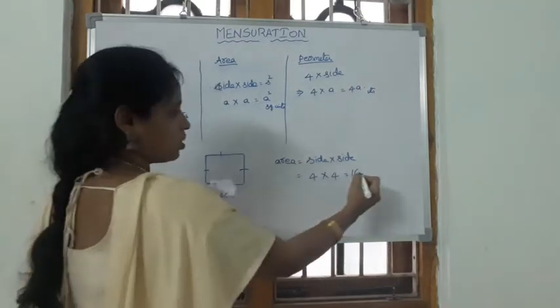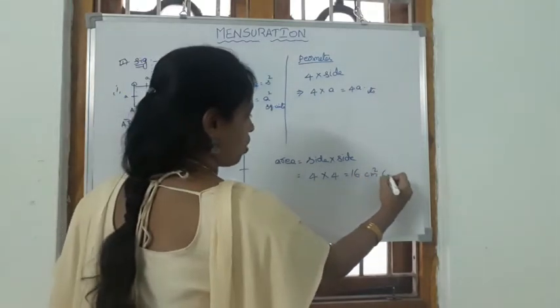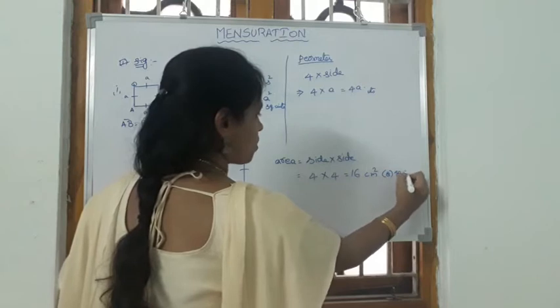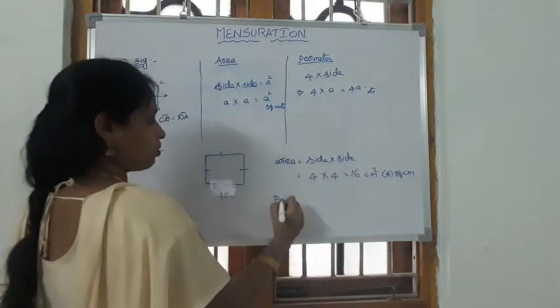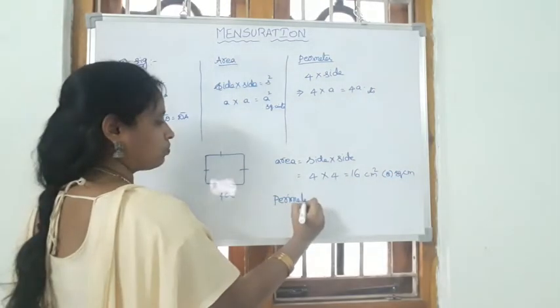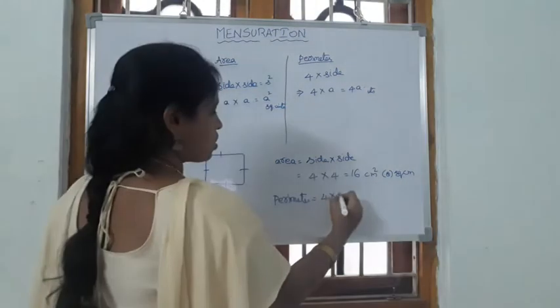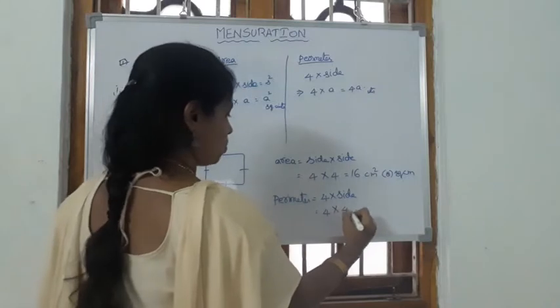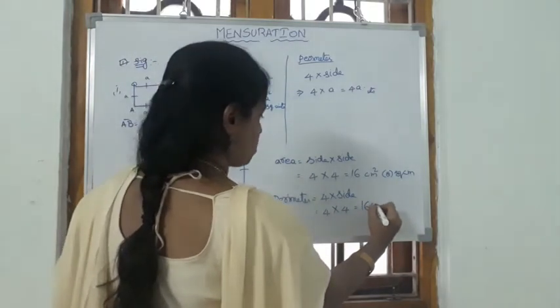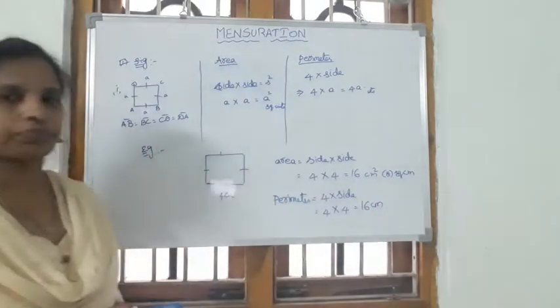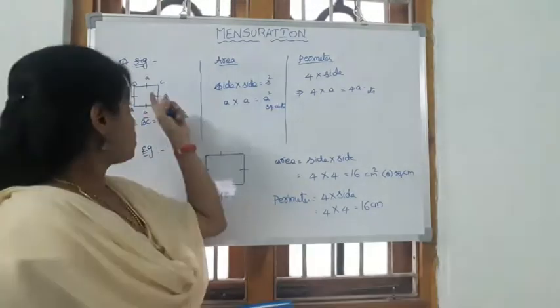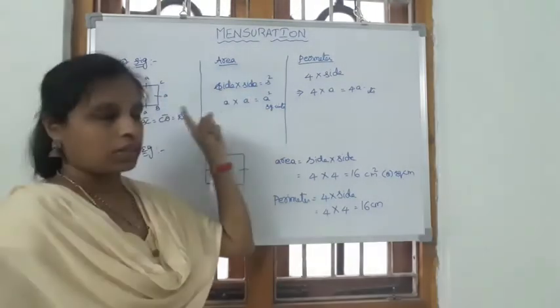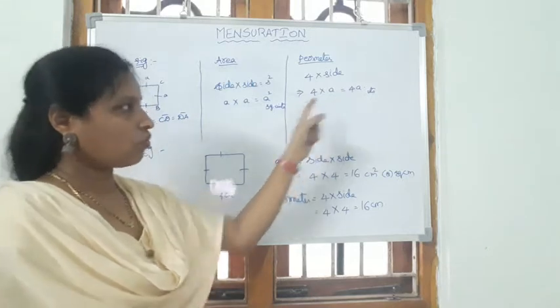It is in centimeters, so square centimeters. Now perimeter. Perimeter is equal to 4 into side, that is 4 into 4, that is equal to 16 centimeters. This is the formula for area of a square and perimeter of a square.